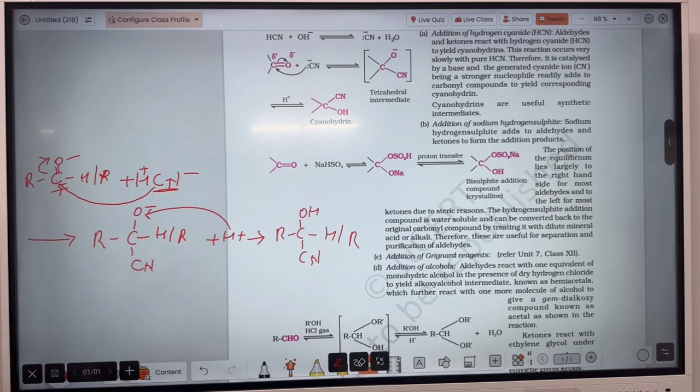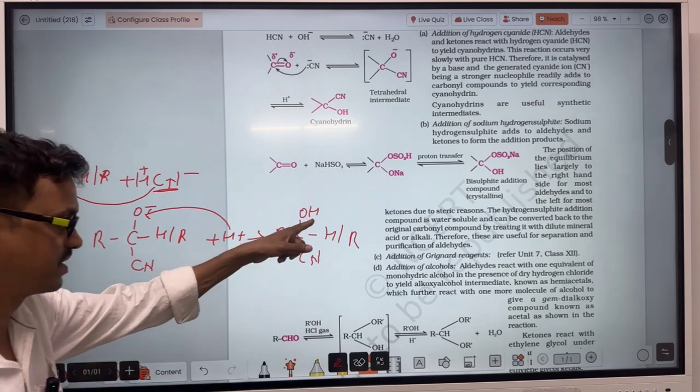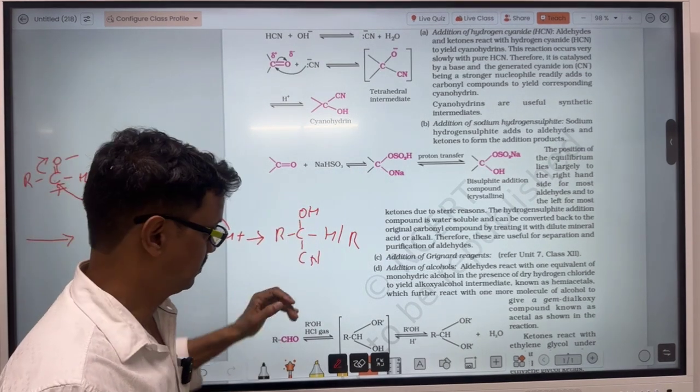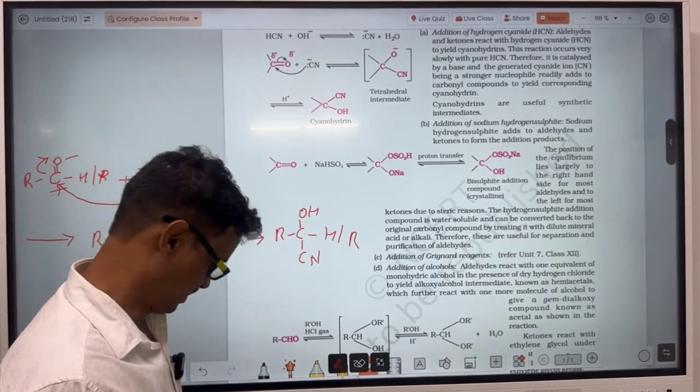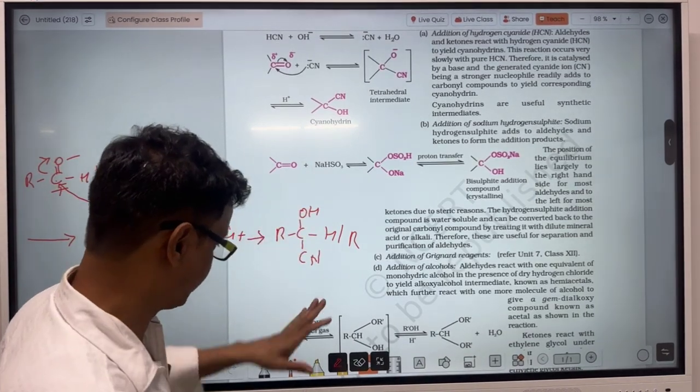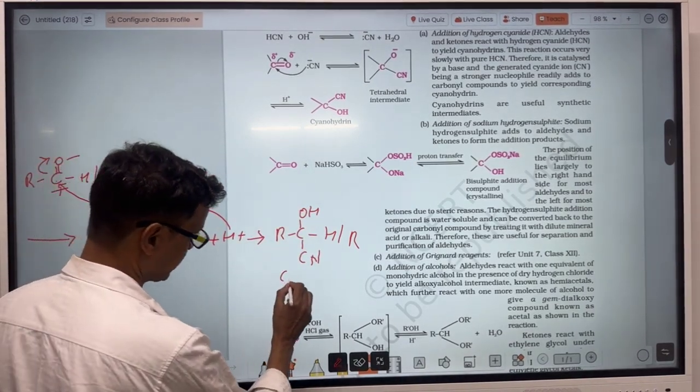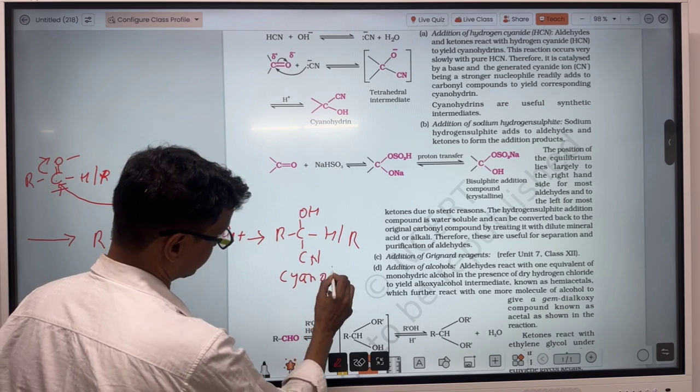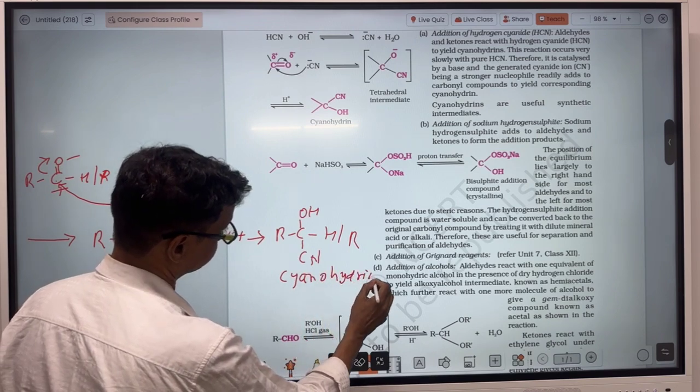This compound will be called cyanohydrin. The hydroxyl group is here and the cyanide group is here. In this compound there is a hydroxyl group as well as a cyanide group, and that's why it is called cyanohydrin.